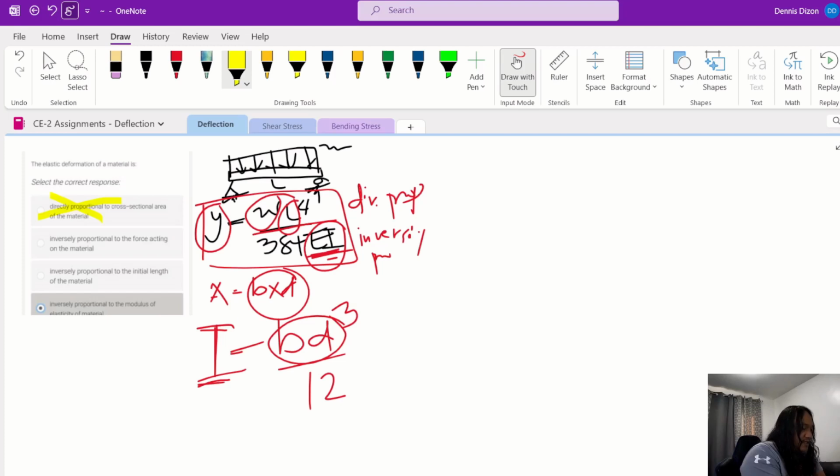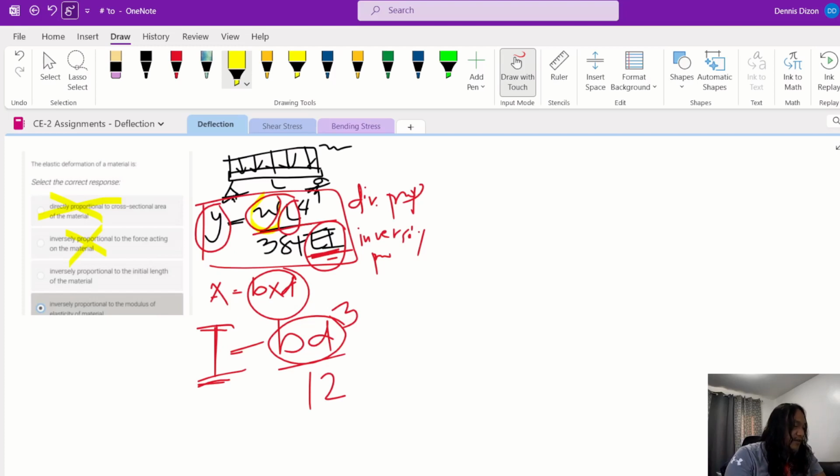So it says inversely proportional to the force, wherein our force, W, is directly proportional, not inversely. So therefore, letter B is also not the correct answer.